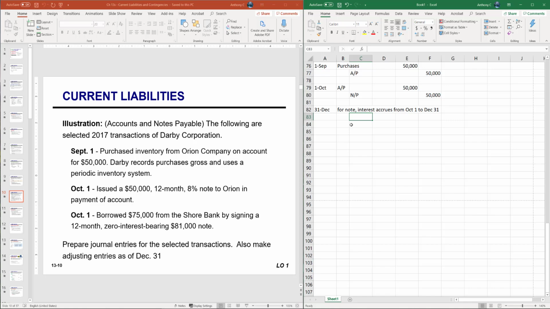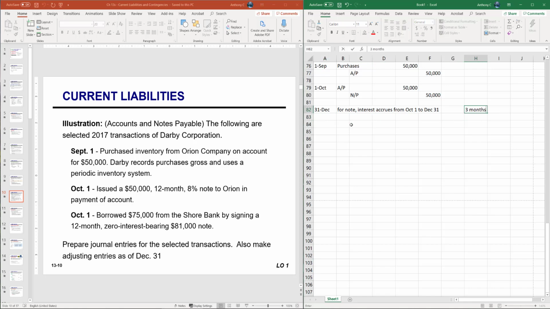If you had me for 301A, or even if you didn't, hopefully your professor told you to always count on your fingers when you're accruing interest, because it'll keep you from making silly mistakes and missing a question on an exam or on your CPA exam just because you miscounted by 1 month. In this case, you're going from October, November, December, or 3 months total.